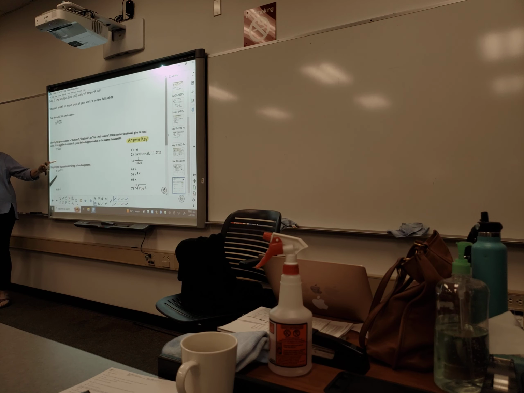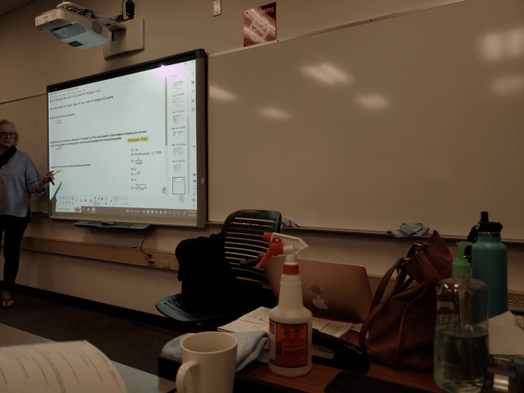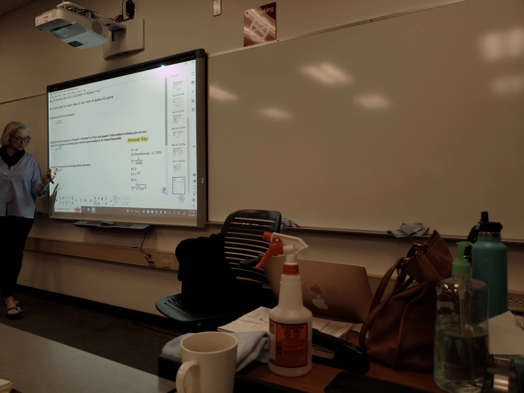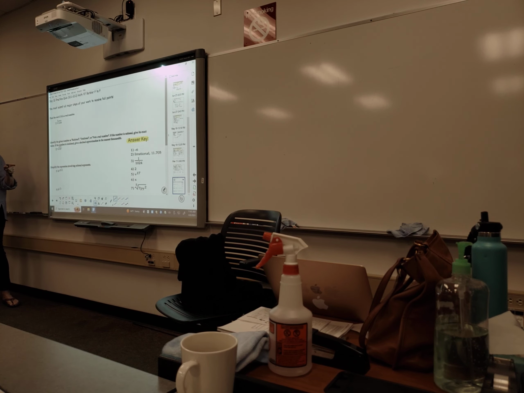Number three, simplify by using rational exponents. So I've got a negative exponent. Do you know how to do that? How hard is that? Look at what my answer looks like. You should be able to do that on your calculator and come up with 1 over 1,024. If not, email me or talk to somebody.